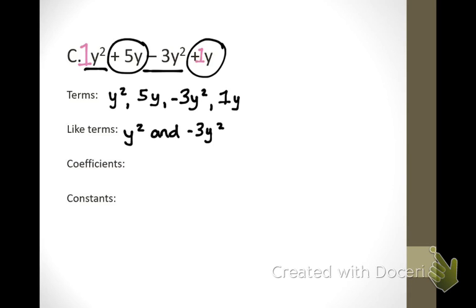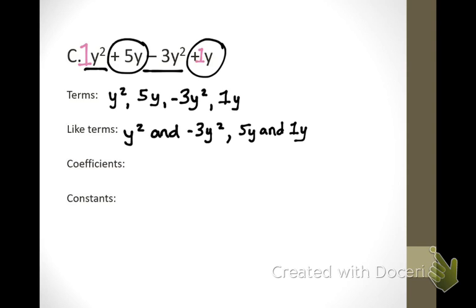Negative 3y squared. Very good job. Nikki, is there anything else that I have that's like terms in my original problem? Very good. Okay, so I'm just going to put a comma to separate it. 5y and the 1y. Those are a part of the y family, so they are like terms.